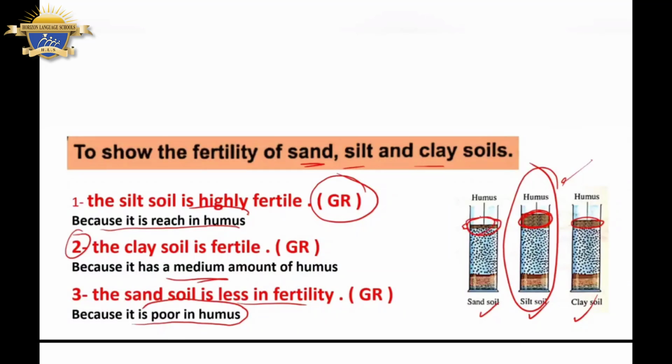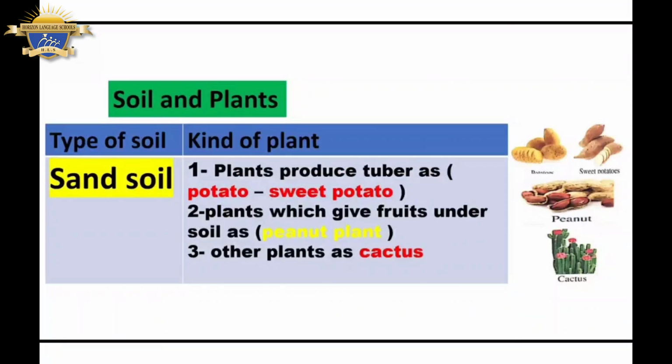The last part we will talk about is soil and plants. Each type of soil suits certain kinds of plants. Sand soil is suitable for plants that produce tuber, as potato and sweet potato, and plants which give fruits under soil, such as peanut plant, and other plants such as cactus.